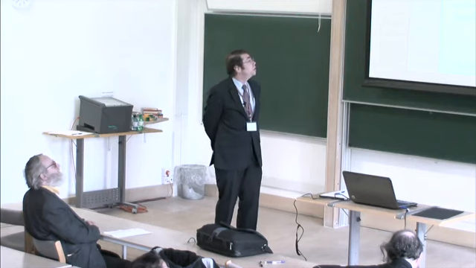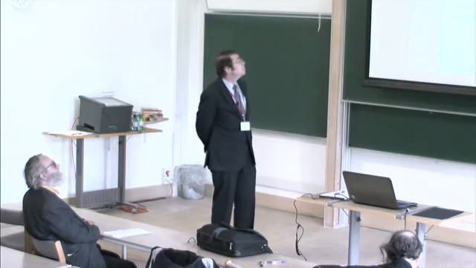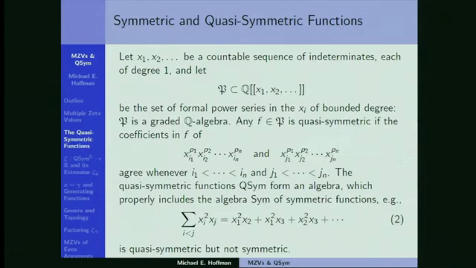So I'm working in formal power series in countably many indeterminates. If I work with the ones of bounded degree, this is a graded rational algebra. And a quasi-symmetric function is one in which the coefficients of two monomials with the same exponents agree if the subscripts are in increasing order.